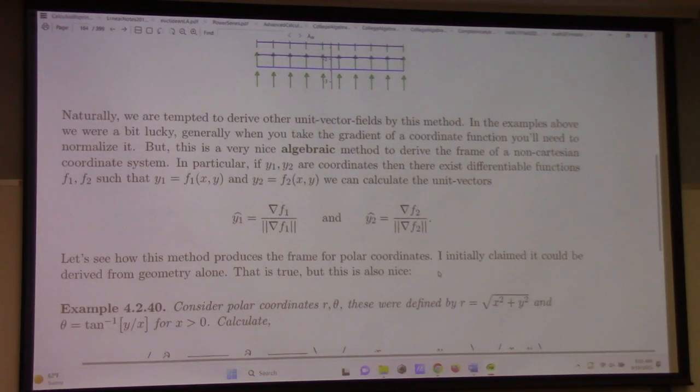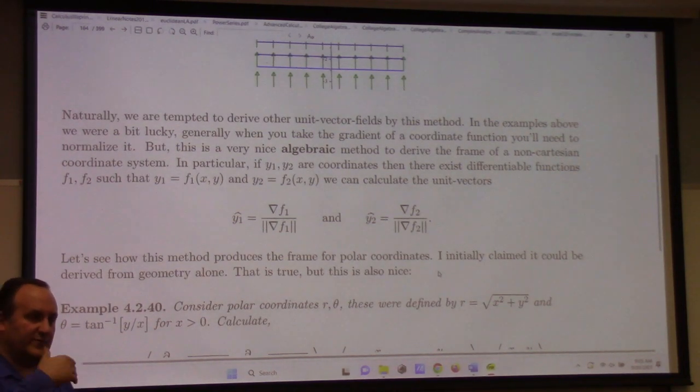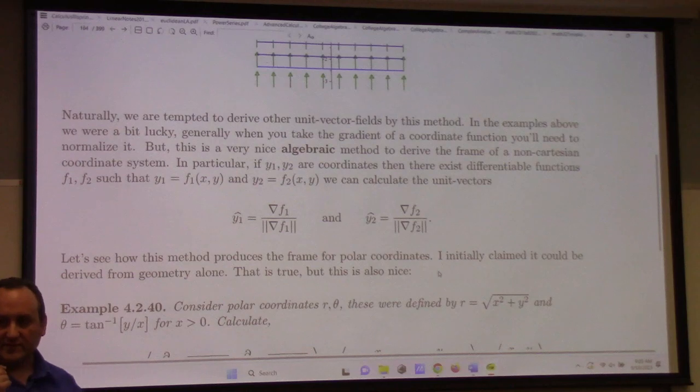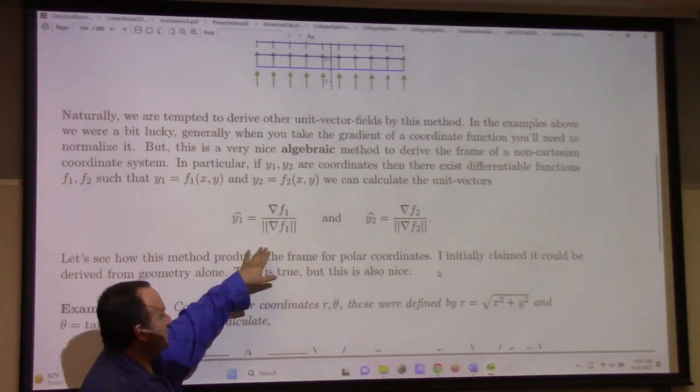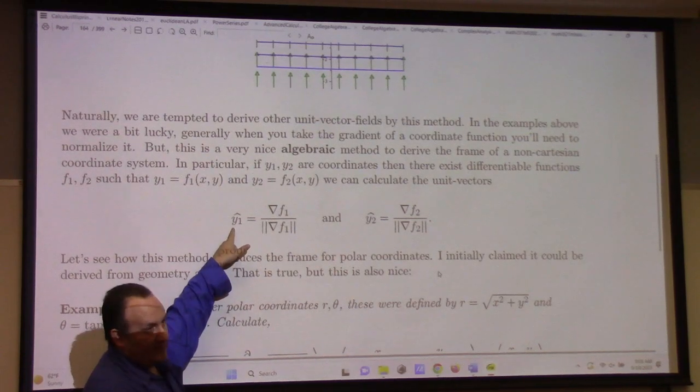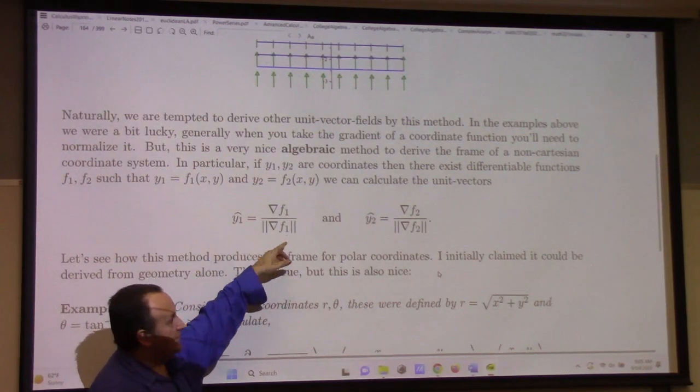Now, the really cool thing about this is, if we can define some other coordinate system in terms of level curves, say f1 of x y equal to a constant, f2 of x y equal to a constant, which coincide with that coordinate system, then if I calculate the gradient of those functions and normalize them, that gives me the unit vector in the direction of increasing y1 or increasing y2.